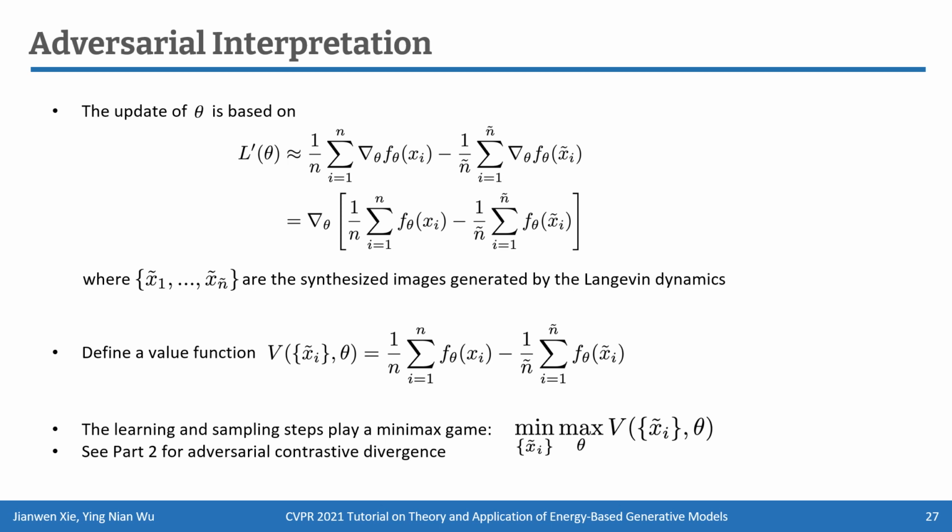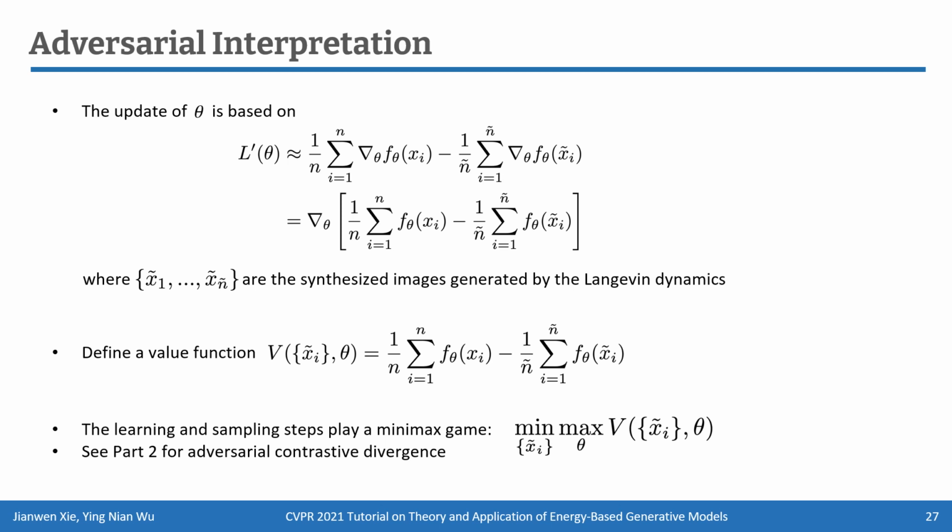If we take the gradient sign out of the summation operator and define a value function V, which is a function of the synthesized examples x tilde and the learning parameters theta, the gradient of the value function is equal to the gradient of the log likelihood.